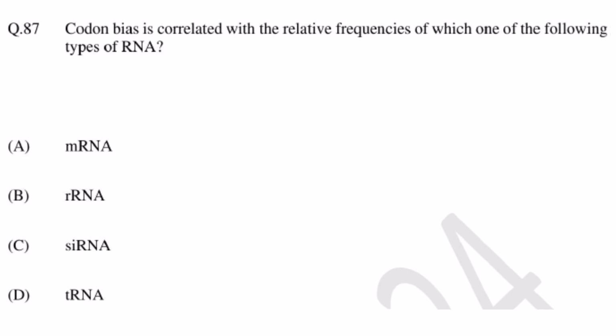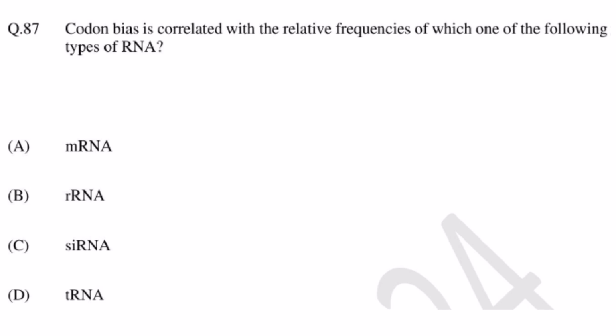For example, if you take leucine into consideration, it has 6 different codons, and out of these 6 codons, one is CUG. In humans, the codon CUG is more frequently used than the other 5 codons which encode leucine. This is codon bias.